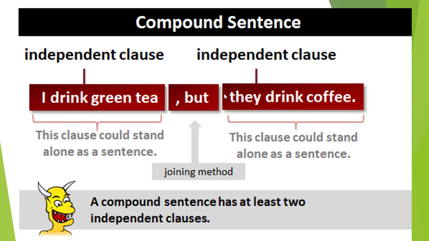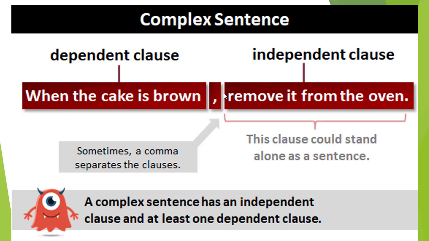We join two independent sentences with the word but. Here but shows contrast. Okay. A compound sentence has at least two independent sentences joined together by coordinating conjunctions.